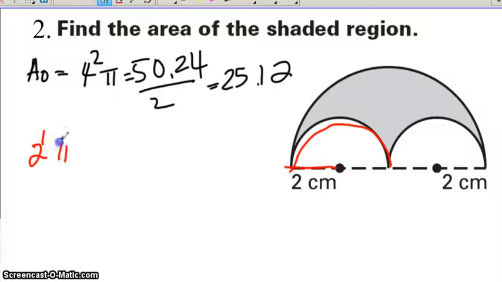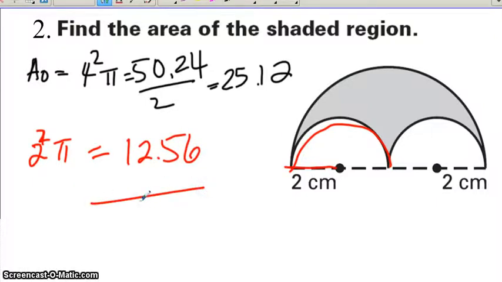So 2 squared times pi is 12.56. And then I'm going to subtract these. And 25.12 minus 12.56 is 12.56, obviously. And it's area, so it's centimeters squared.